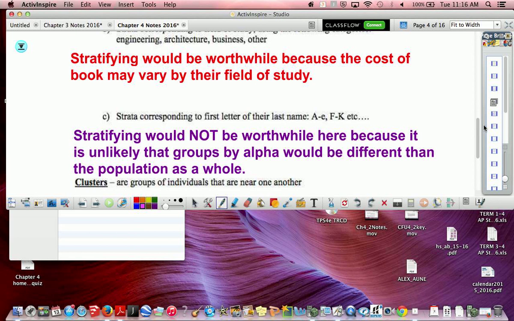Again, it's very unlikely that it's going to be different than the population. Could it? Sure. There's always a possibility, but more than likely, this type of stratification is not going to really help you gain any information or give you a better sample.